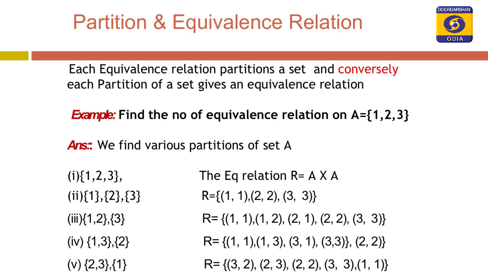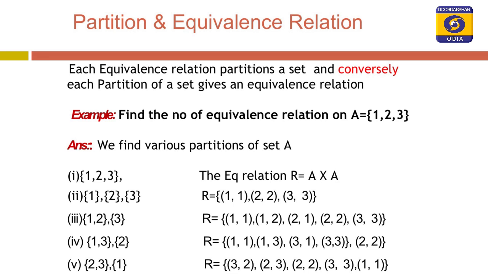And this example shows that any partition also gives rise to an equivalence relation. And now, this is an example on the same set A equals 1 to 3. We find the number of equivalence relations on this set A, 1, 2, 3.